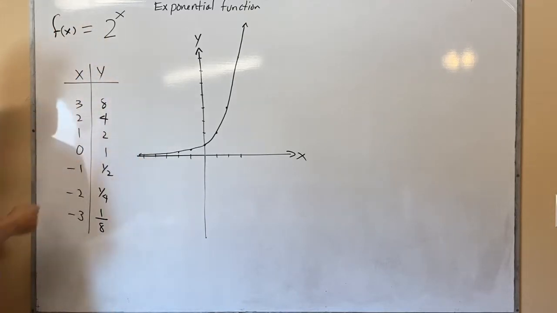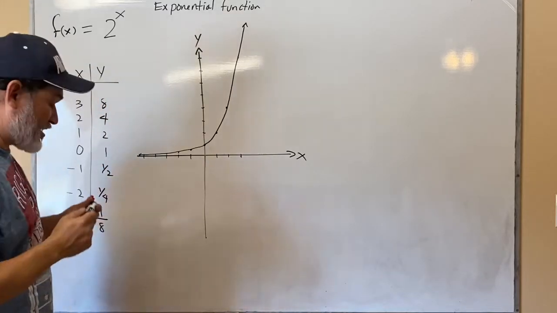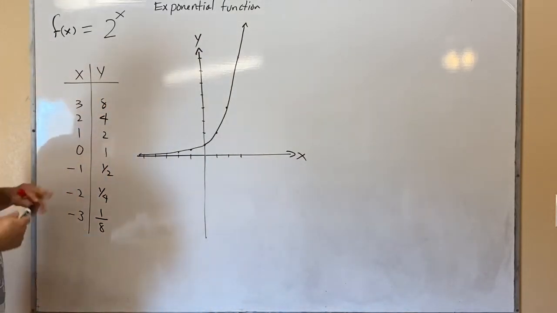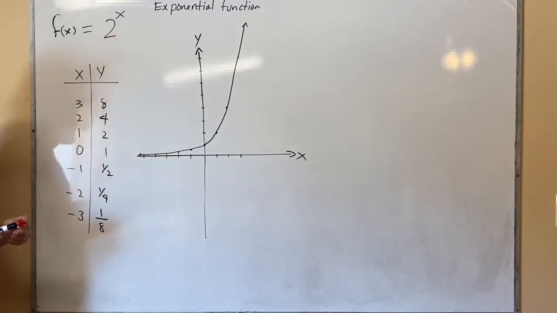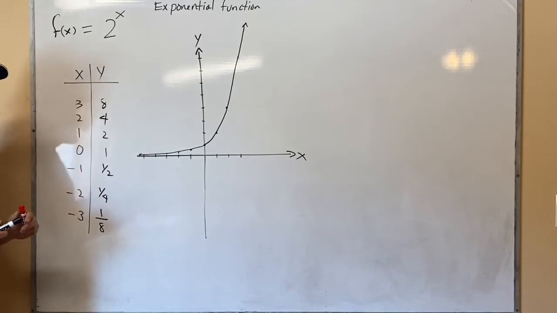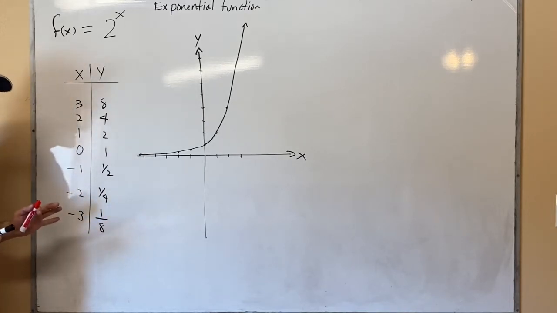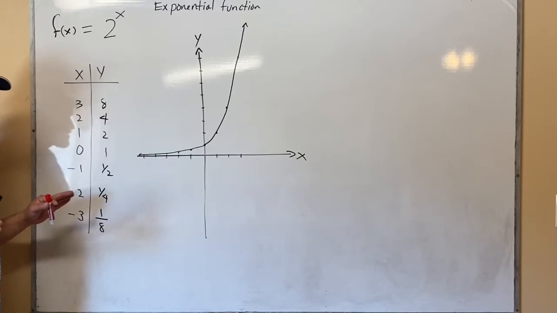Because it is a function, it passes the vertical line test. It also passes the horizontal line test. So what does that mean? If it passes the horizontal line test, the inverse exists. We're not going to go there yet, maybe in the next lecture.